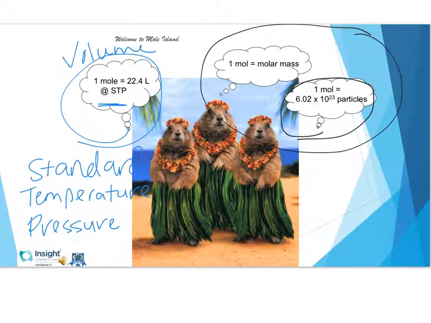The standard temperature is 25 degrees Celsius, and the standard pressure is 1 atmosphere. Not a huge thing for you to be concerned with. It's just in case you ever run into a question where it says, assume conditions are like this. That's what they're talking about.